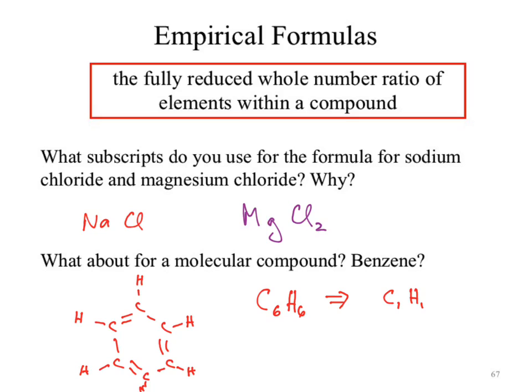Okay? That said, if I was to study an organic compound or a molecular compound, covalent bonds, I might go through an analysis that allows me to figure out the reduced ratio, the amount of individual carbon atoms or hydrogen atoms with respect to each other. That would then be known as the empirical formula. Okay?